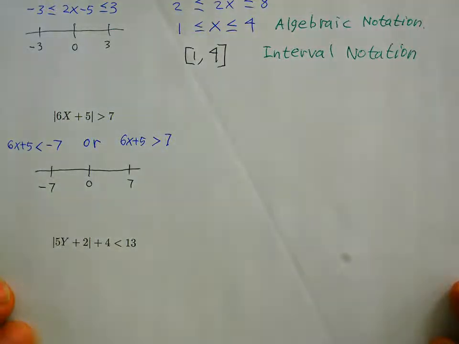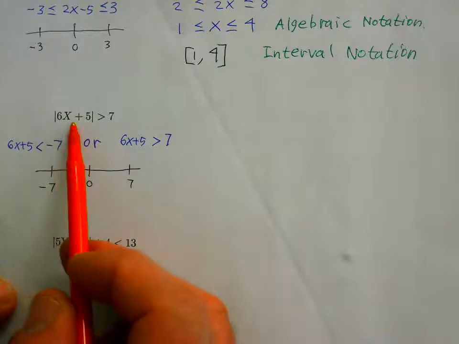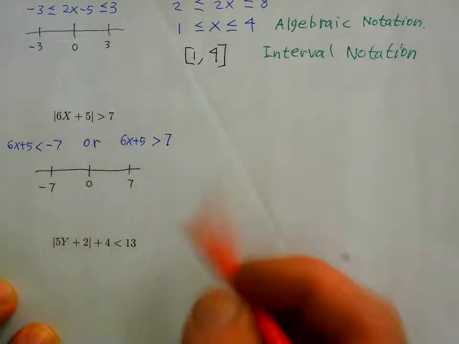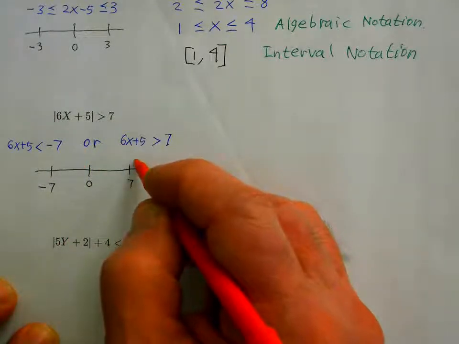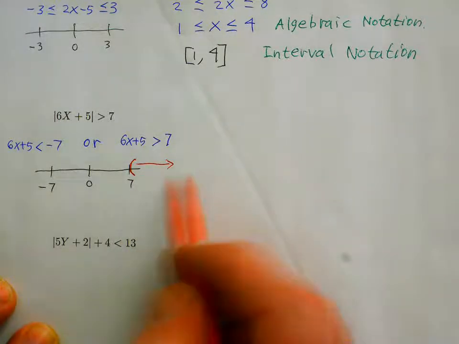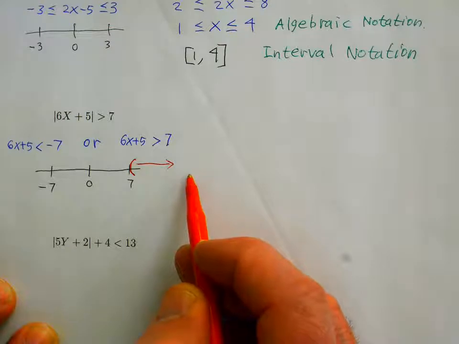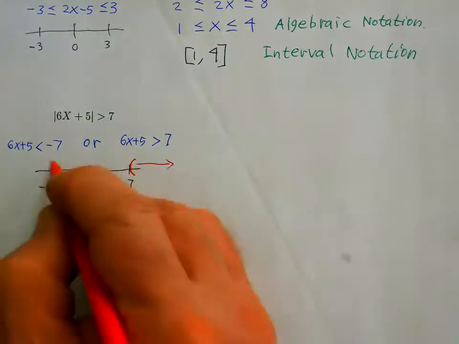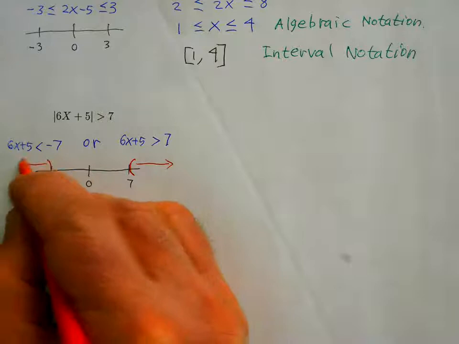See what I mean? If the distance of a number from 0 is greater than 7, well, that number could be to the right of 7 on the number line, or that number could be to the left of negative 7.